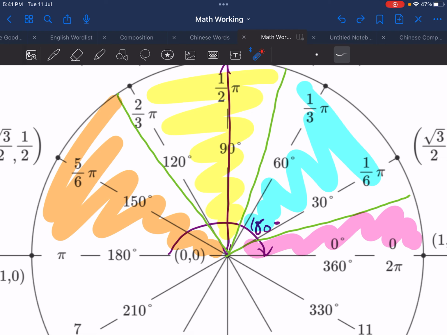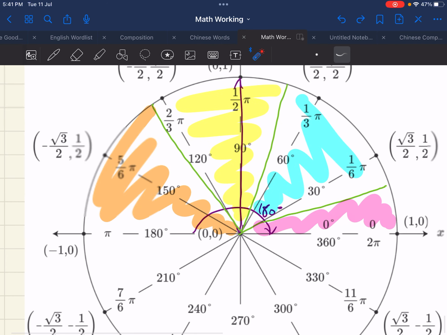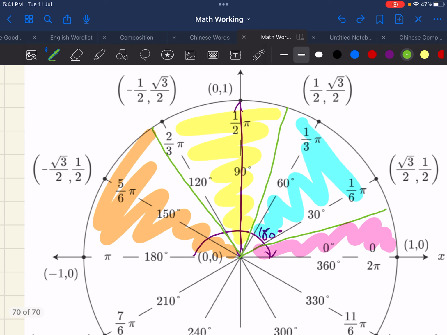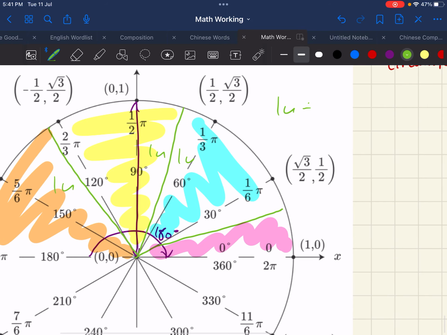The areas are also equally the same. So the area of orange is equal to the area of yellow, and it's also equal to the area of blue. Don't talk about pink. Notice how I just have 3 units. Imagine this is 1 unit, 1 unit, and 1 unit. I just have 1 unit plus 1 unit plus 1 unit.